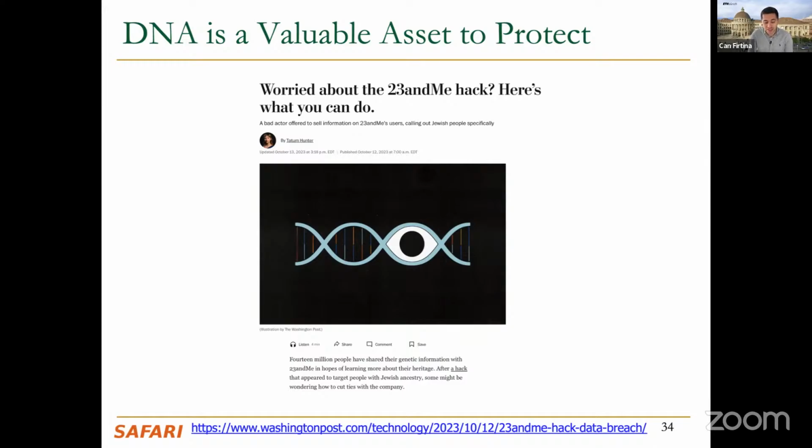And last year, it was revealed that the sensitive data, which is the DNA content of individuals, got leaked. And you don't know whether this is in the hands of dangerous individuals that can use it in an adversarial way in the future.